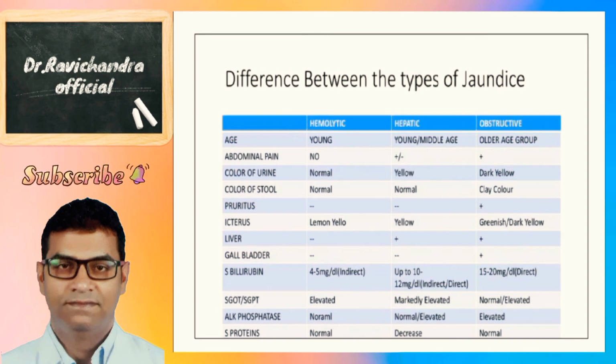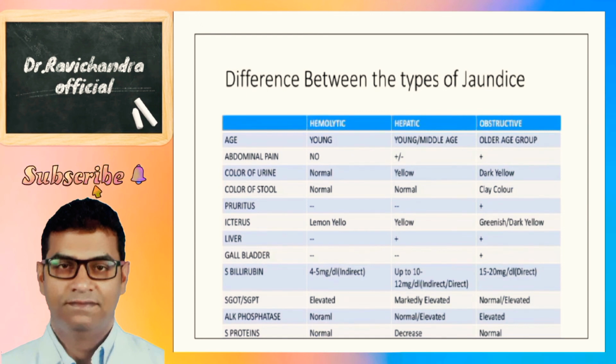The color of the urine is dark yellow in obstructive jaundice, and the color of the stool is clay colored in obstructive jaundice. And there will be pruritus in obstructive jaundice. The icterus will be lemon yellow in hemolytic jaundice, yellow in hepatic jaundice, and greenish or dark yellow in obstructive jaundice. Indirect bilirubin is more in hemolytic jaundice, indirect or direct more in hepatocellular jaundice, and direct more in obstructive jaundice.